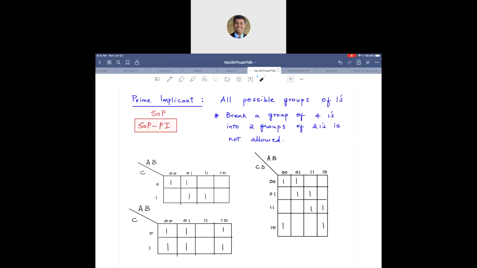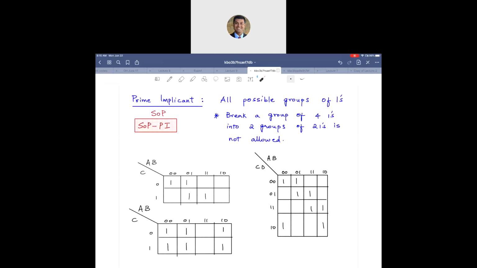So those are essentially not counted as unique prime implicants. So that is not allowed. I cannot break a bigger group into smaller groups and then call them different prime implicants. That is not allowed. But all the other unique possible groups, yes, that is going to be prime implicants.